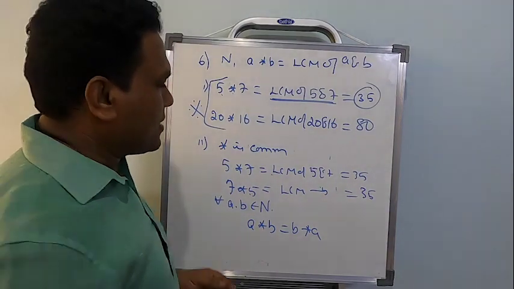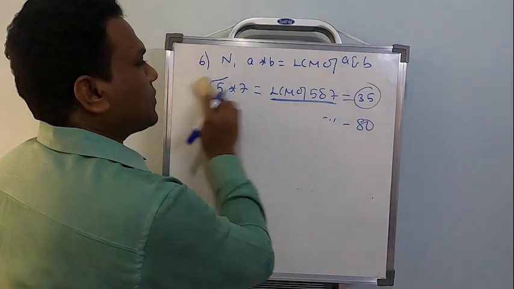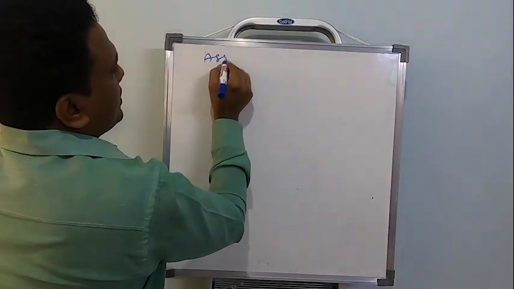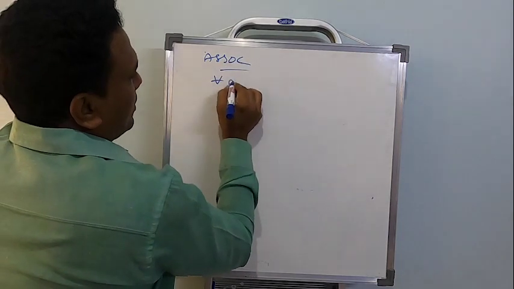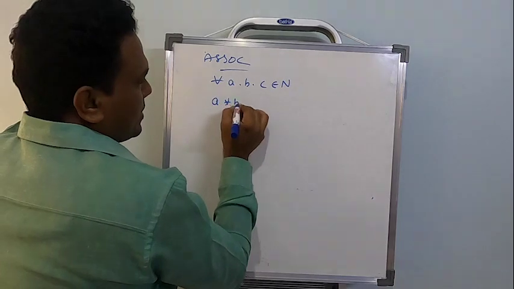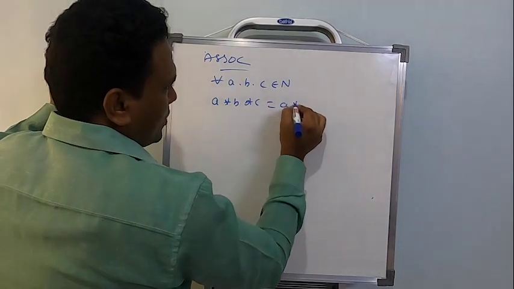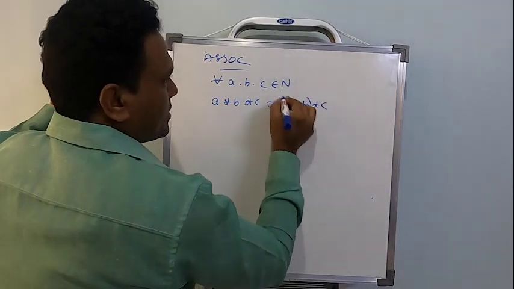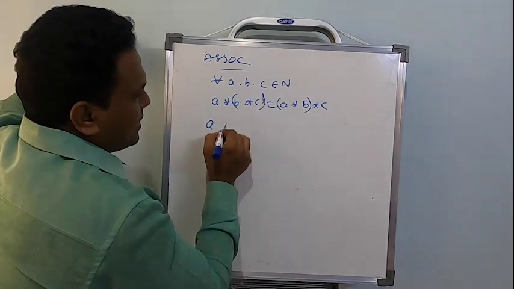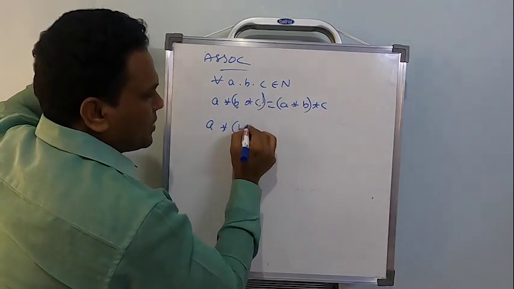Fine. Now the next, to check for associative. For all A, B, C belonging to N, (A star B) star C should equal A star (B star C). Let's associate like this. So here it is A star, what is the B star C definition?